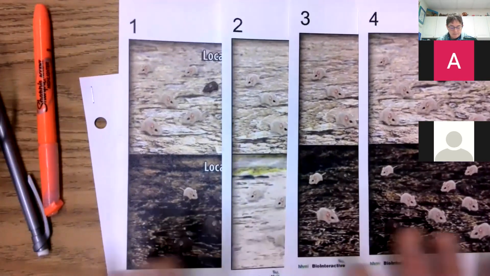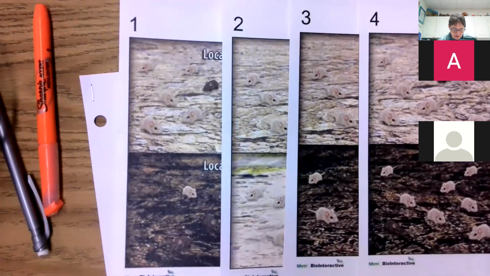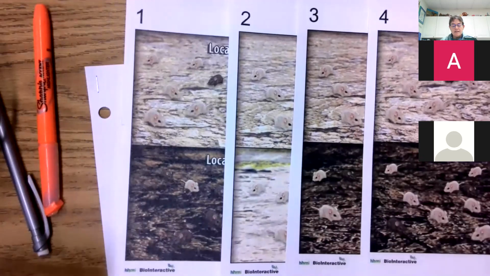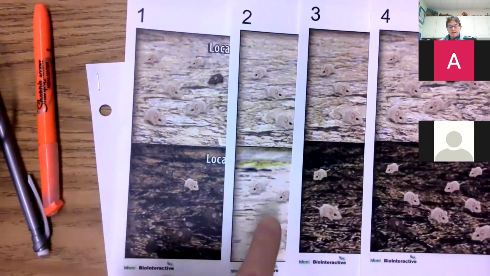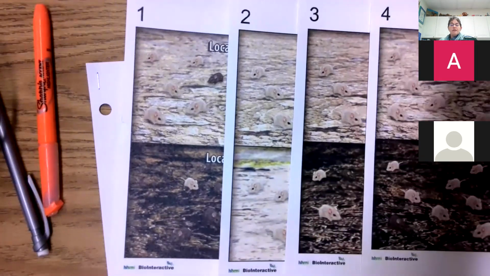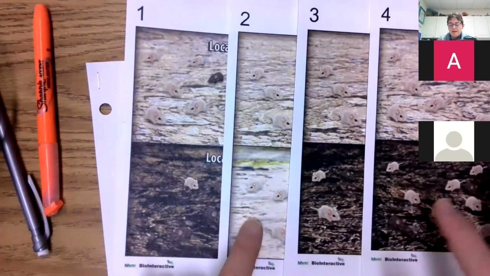Yeah. Okay, then that's your answer. And it says place the illustrations in what you think is correct order, because these are not in series. To me, 1, 2, 3, 4, I think it seems weird that it's dark and then light and then dark and dark. It could happen if maybe there was some kind of a storm and it blew a bunch of light sand onto the dark. Question 3.